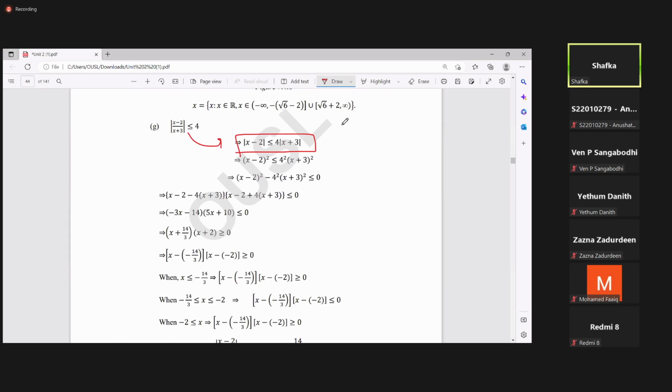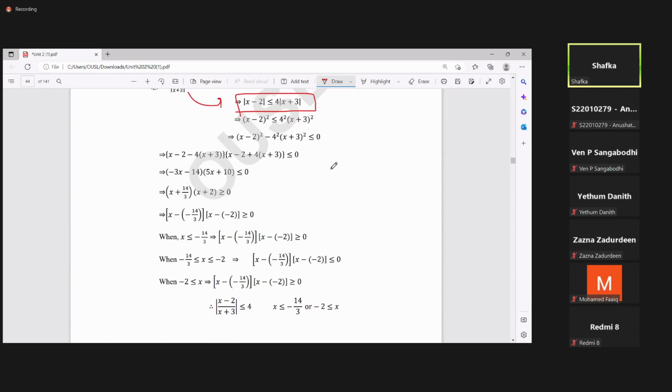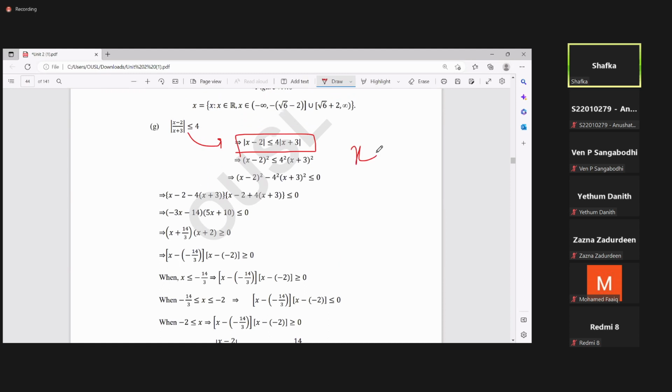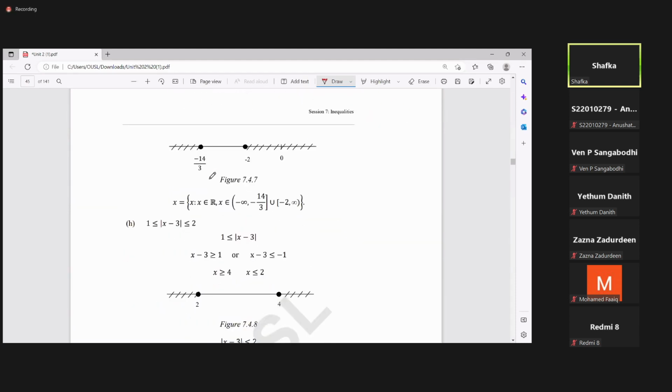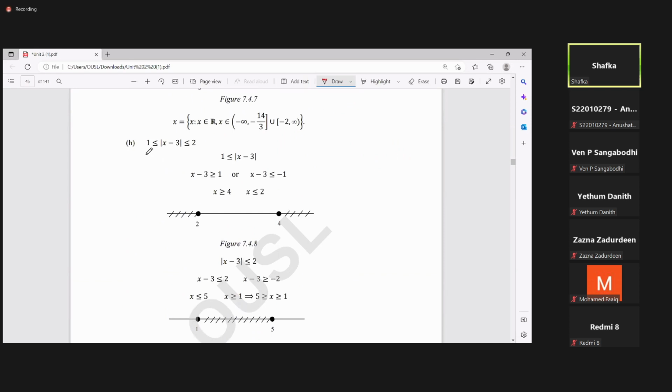Here I am explaining some different questions in order to find the solution. When you are considering this, you can't have x equals minus 3 as a solution because it's there in the denominator.